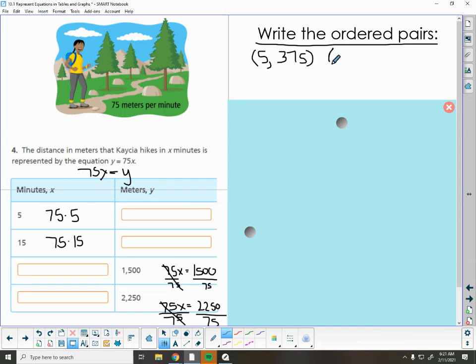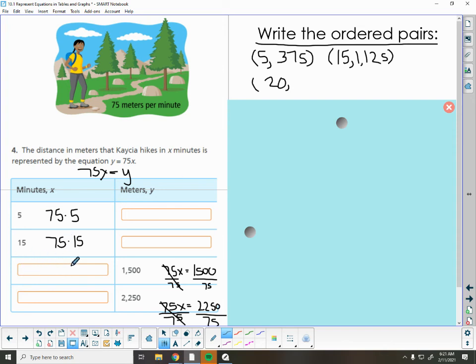So my next one I have is x is 15. So when I go 15 minutes, I go 1,125 meters, sorry.